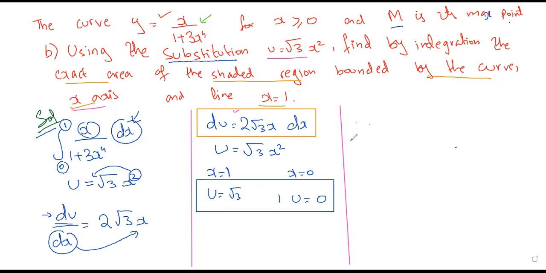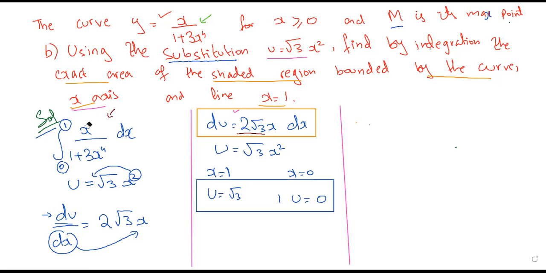Now we have to use this in the question. We want to change dx to du. We have 2 root 3 x dx, but in the integral we have x dx only.